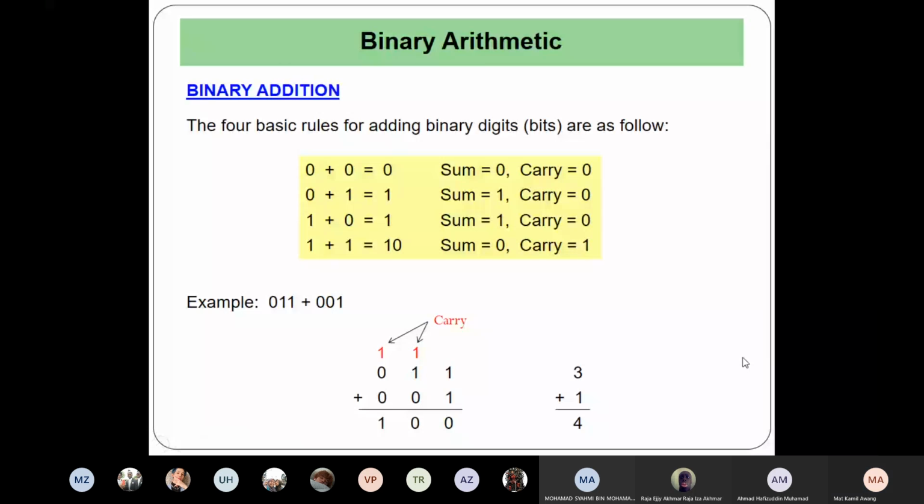Last Tuesday, we went through the numbering systems, which is decimal and binary only, right? So now we are going into binary arithmetic. We will go through the rules of binary arithmetic.